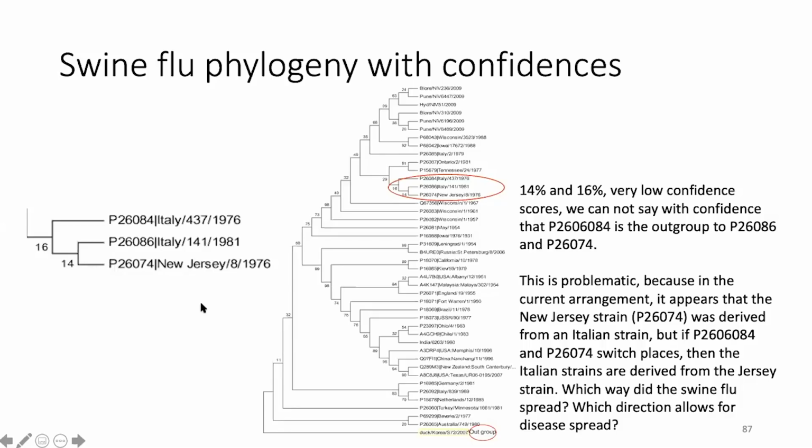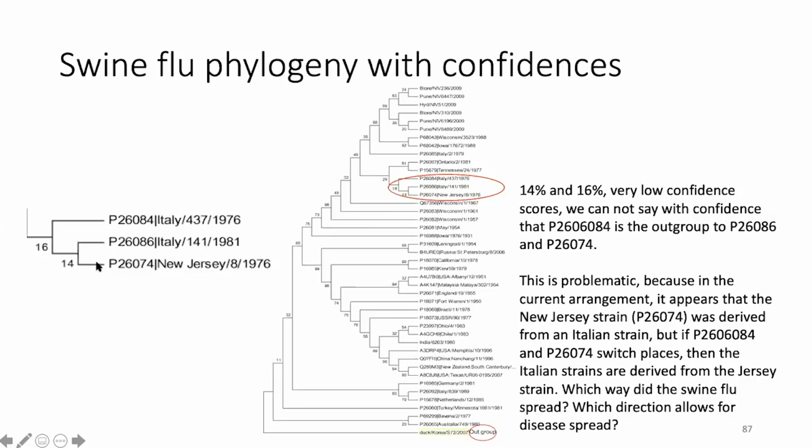And so it'd say, okay, the epidemic that's happening in New Jersey was caused by somebody traveling from Italy to New Jersey. And so that would be bad. That's Europe spreading disease to North America. However, this evolutionary relationship is very, very weak. We only have a 16% confidence and a 14% confidence.